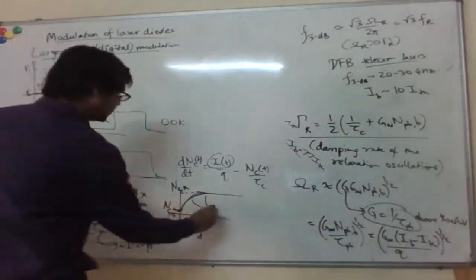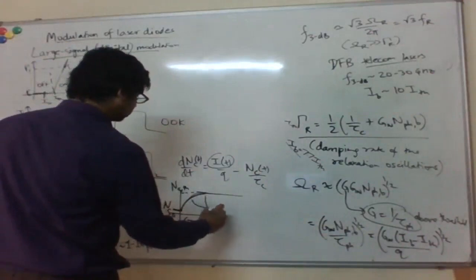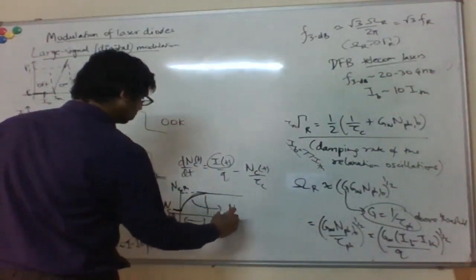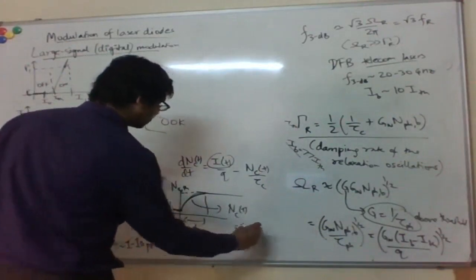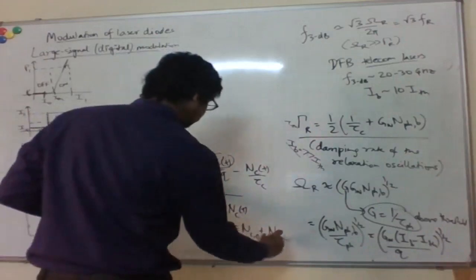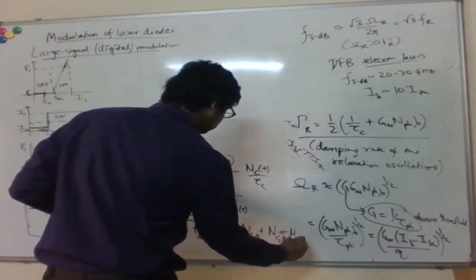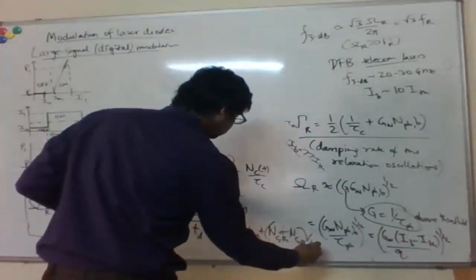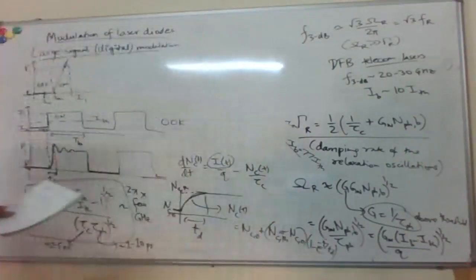Okay, so this rise here, we are saying it goes something like this: NC of t is going something like NC0 plus NC threshold times (1 minus e to the minus t over tau), right?